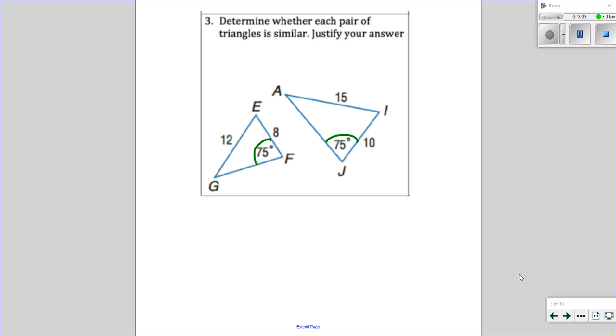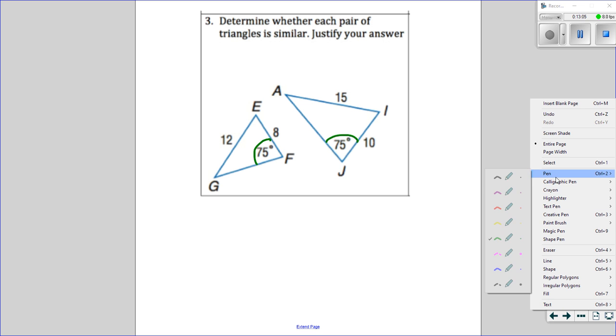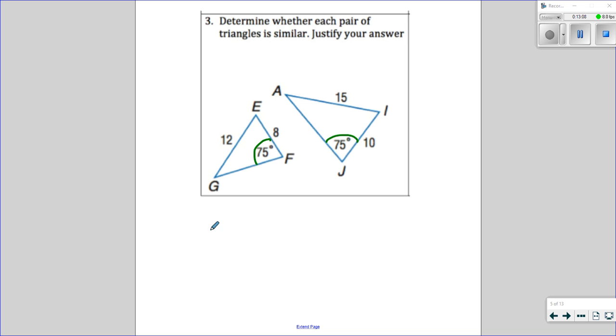Are they in proportion? So I'm going to use purple. I'm trying to compare this 8 to 10, and then I'm going to make this a box to this. So I'm going to have FE over JI, and is it equal to GE over AI?